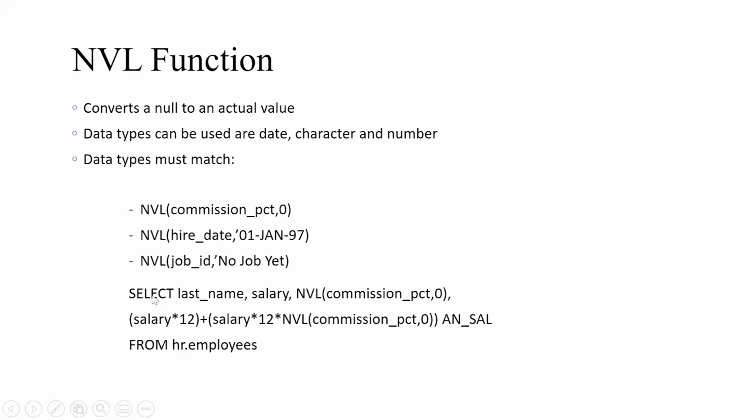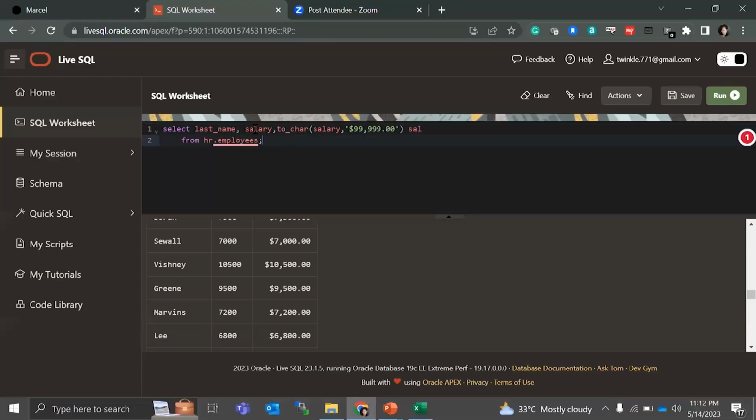Okay. You should give the similar data type. So what we are doing is select. So this is one example. Let's directly try it out and we'll see. Select last name, salary, NVL of commission percent, comma 0.